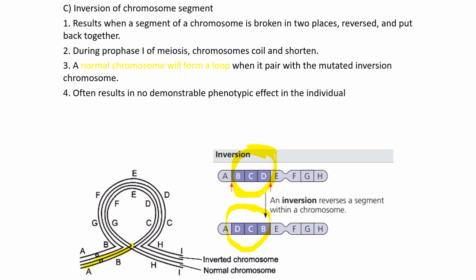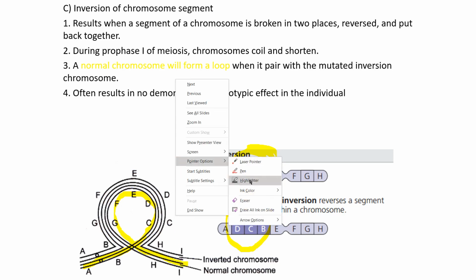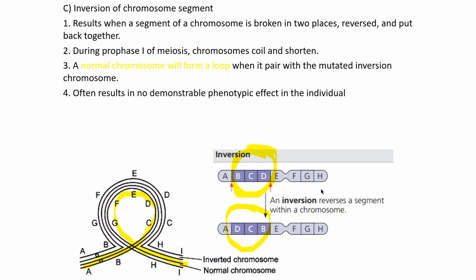It will form a loop in this sequence A, B, C, D, E, F, G, H, I. Because the inverted chromosome, if you look here, let me change the color, AB becomes G, F, E, D, C, and H terbalik, sir. So the normal chromosome has to form a loop so that the chromosome segment can pair with the chromosome segment from the other homologous chromosome.